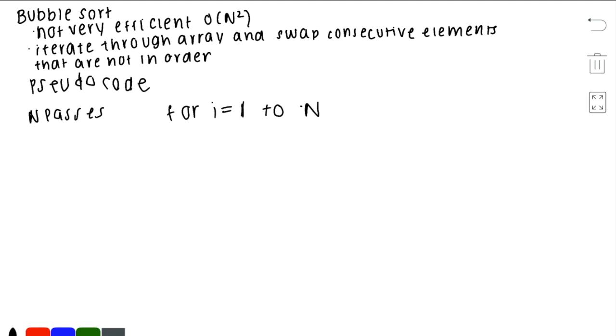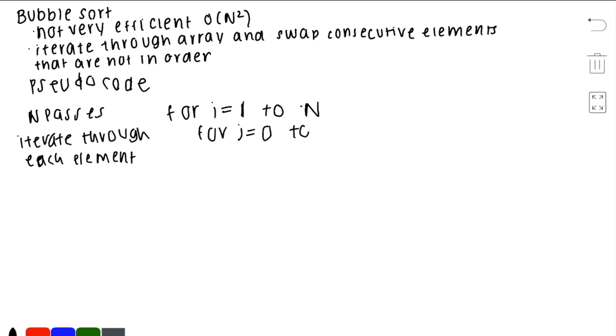And then for the inner loop, since we want to iterate through each element within those n passes, it would be from j equals 0 to n-1. So basically, if the array at index j plus 1 is less than the array value at index j, then we would want to swap the two.